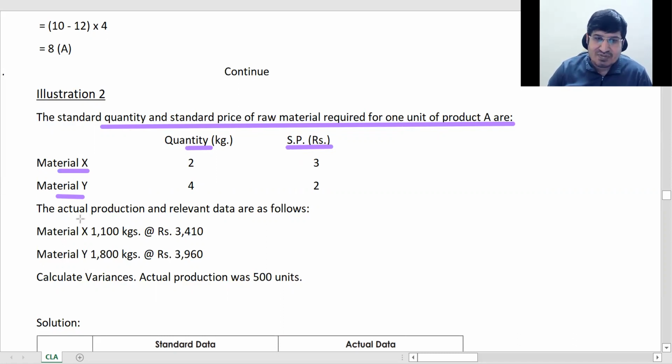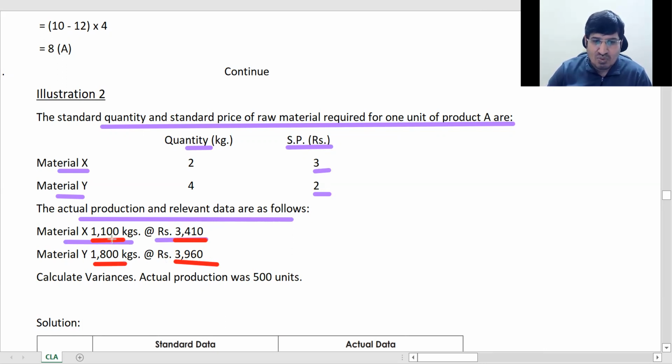Actual status: for material X, they had put 1100 kgs and they had paid a total of this much. If you divide the total by 1100, you will get this per unit amount. This one is standard, and for actual you will get it by doing 3410 upon 1100 and 3960 upon 180.